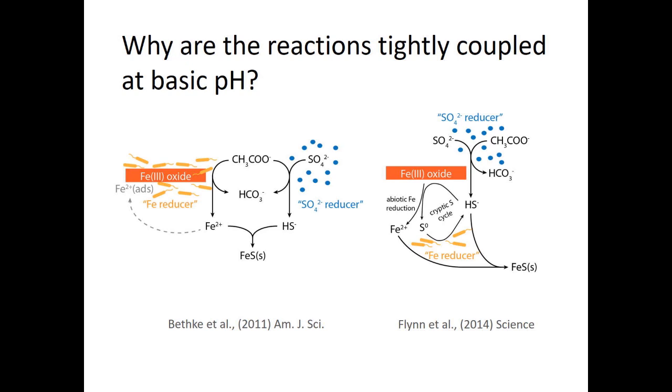That seems to be more favorable than microbial iron reduction at basic pH. And it produces sulfur species with intermediate oxidation states, which I've represented as elemental sulfur there. Well, that elemental sulfur can then be used by iron-reducing microbes as their electron acceptor, replenishing the sulfide that can then help drive iron reduction. So the iron reducers are driving iron reduction indirectly by helping cycle sulfur.